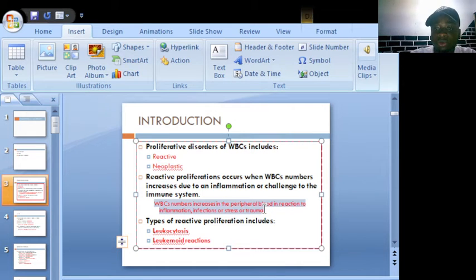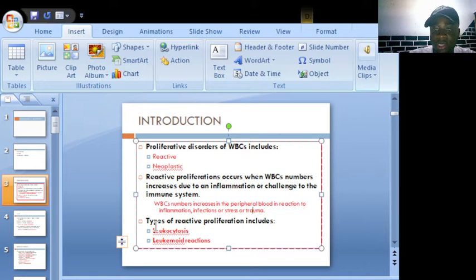Very important. In this case, the increased level of WBC is being caused by other factors, other than leukemia or any other malignancy.